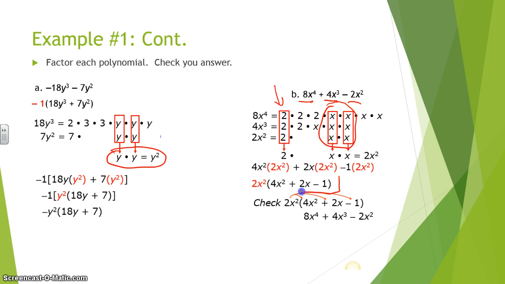So this would be my final answer after taking out my greatest common factor and rewriting it, and then we check our work by distributing that greatest common factor back into this 4x squared plus 2x minus 1. And if we get what the original answer was, then we factored out the greatest common factor correctly.